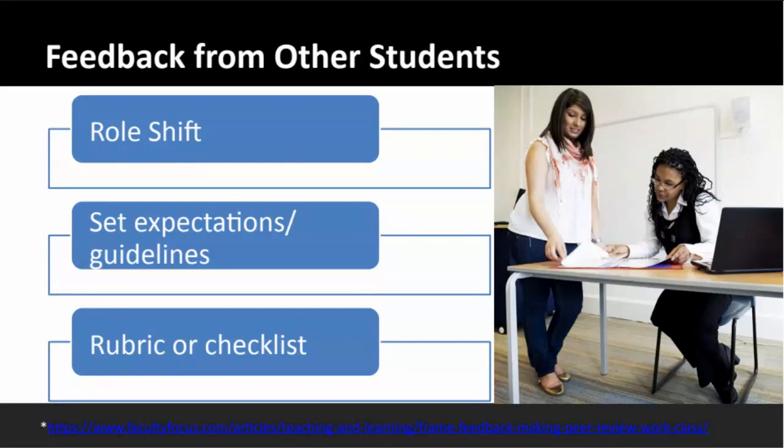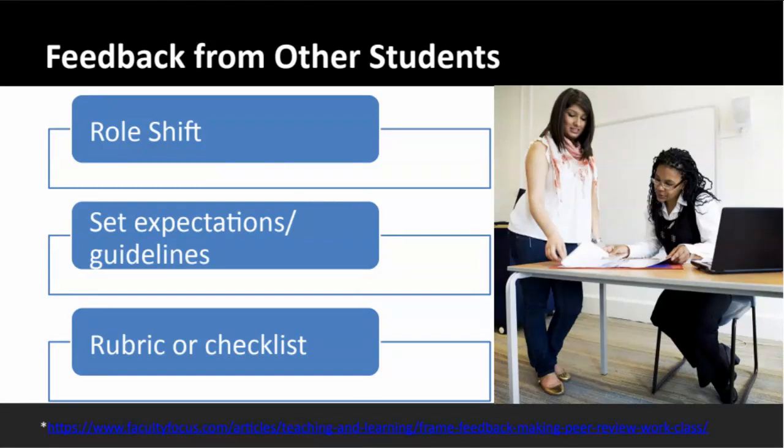You're supposed to give feedback about different parts of the assignment and how they could work better on it and revise it. That was a good learning opportunity for me. And you can have students help in setting those expectations and guidelines. That always helps to keep them more invested in whatever process you're using for grading or feedback.